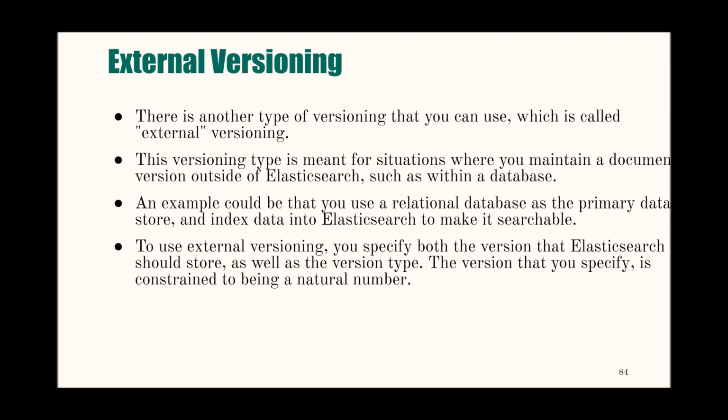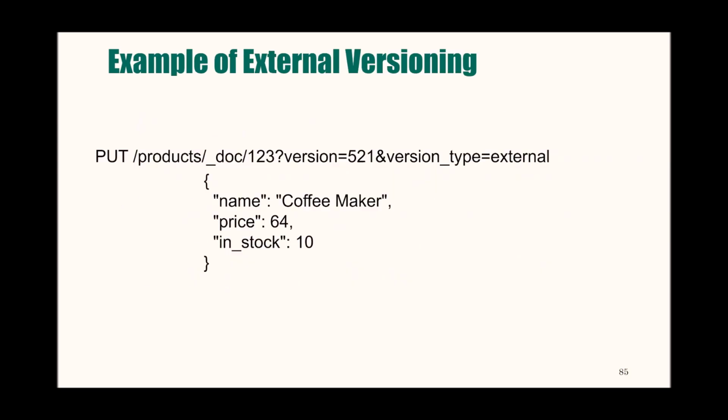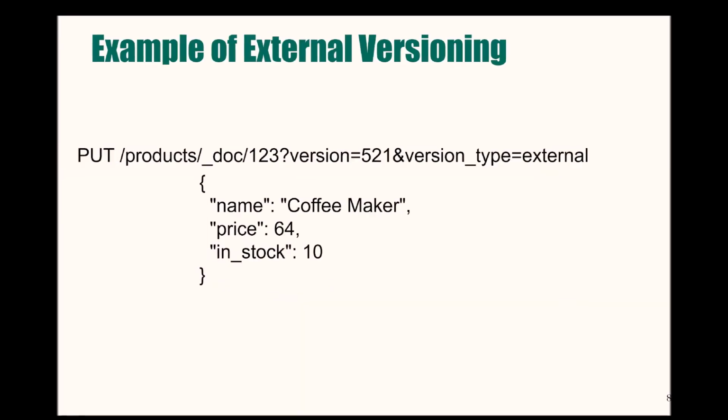There is an option: you can use external versioning. For example, if you want to create an application where the version of documents or datasets is very important, you can specify an external version. To specify this, if you want to create a document, we can use put as well. This is the ID of the document.